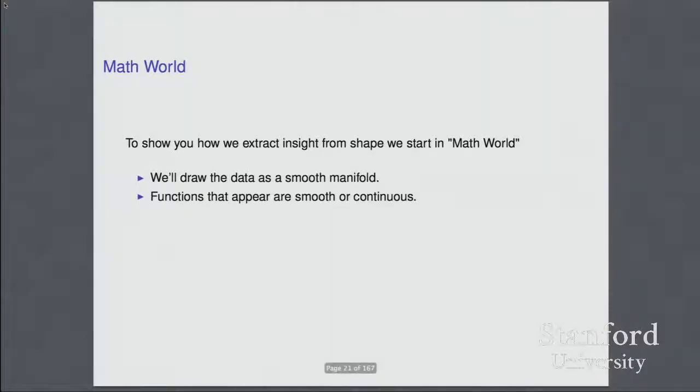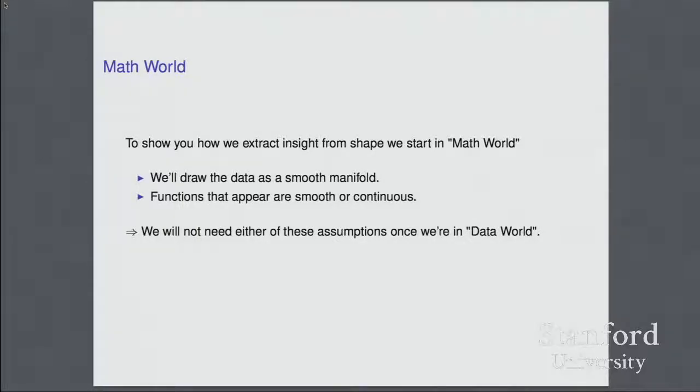And when I say function or lens, you should think something smooth, continuous, nice in whatever class of functions you want to consider. That's going to give you the right intuition and internal mental picture. But we don't need any of these assumptions when we're actually in data world doing the analysis. All the things that I'll describe will go through without modification.